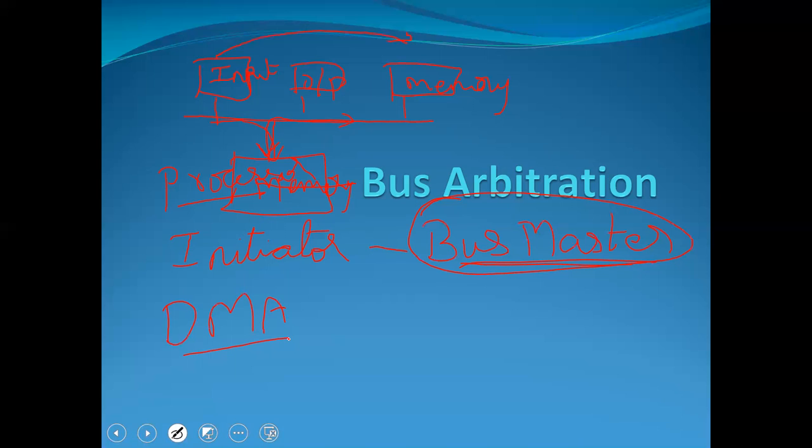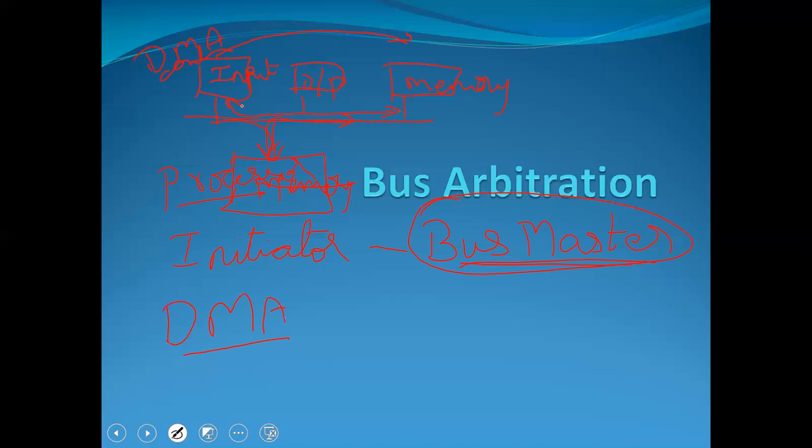So the DMA controller is initiating the action sometimes. In such cases, the DMA controller becomes the bus master. The DMA controller initiates the transfer of data between the device and the memory. So the DMA controller becomes the bus master in some cases.